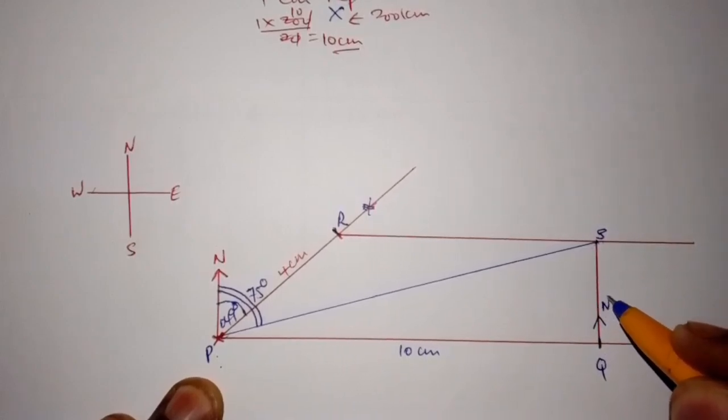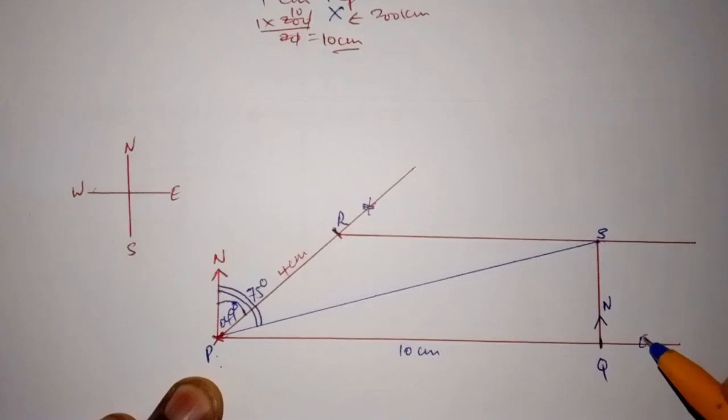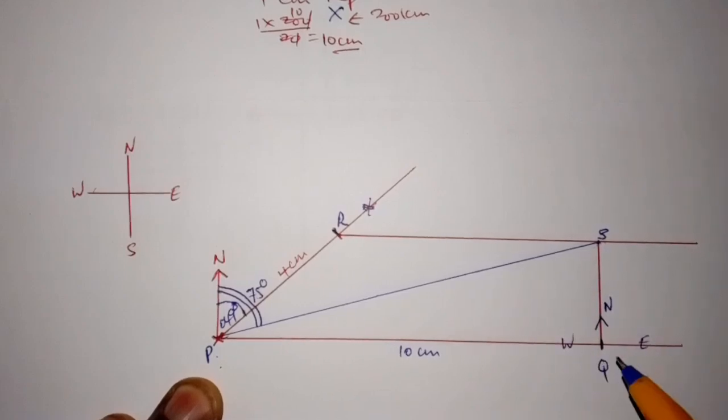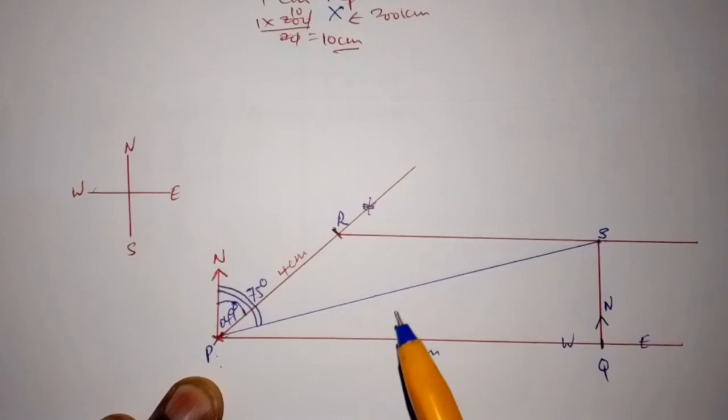This is north, this is east, this is west. Town P is 200 kilometers west of Q, so the west of Q is this side, and town P is on this side. The distance between town P and Q is 200 kilometers.